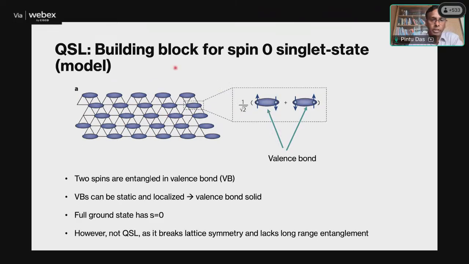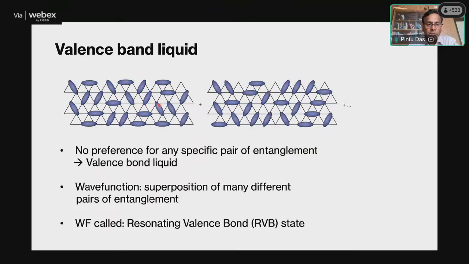I hope that you can appreciate this. So in the first case there was a lattice symmetry broken, with a preference for a pair of entanglement. There is no preference in this case. So here the bonds, of course, fluctuate, and this is called a valence bond liquid.